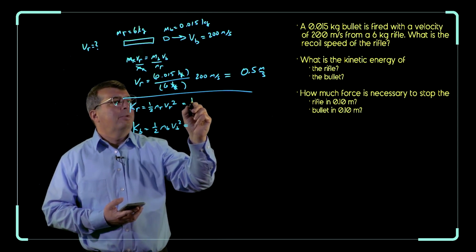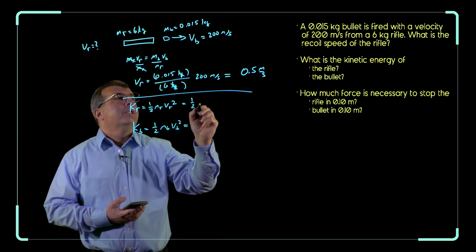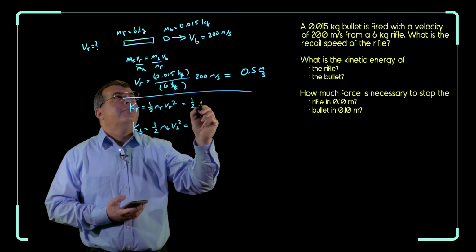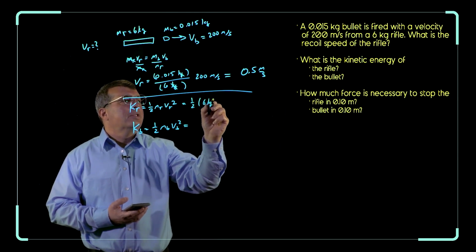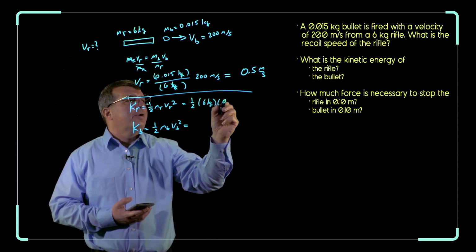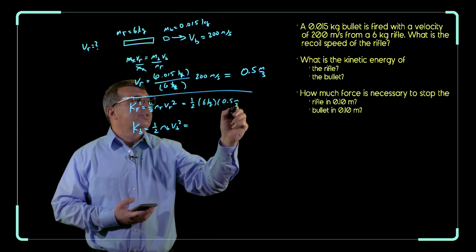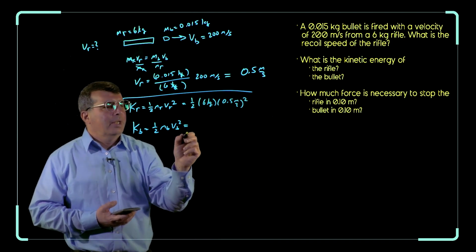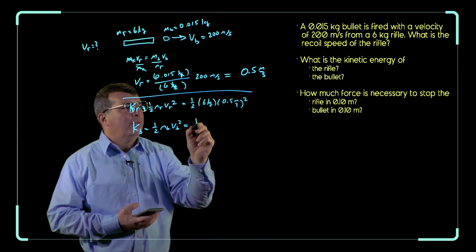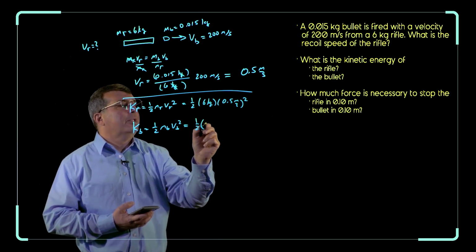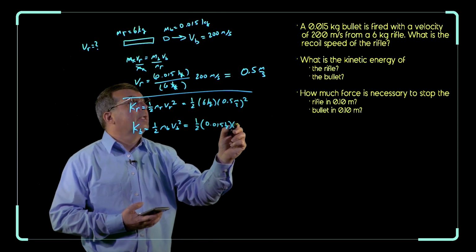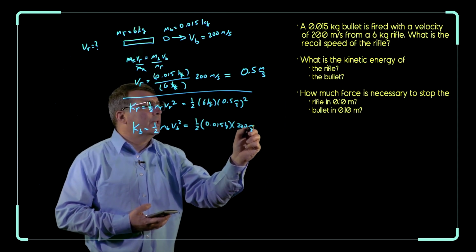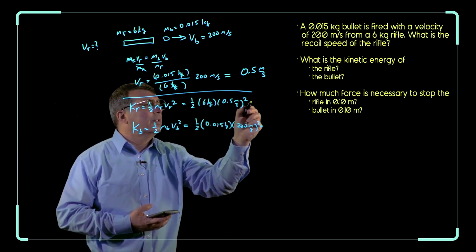So that would be 1/2 times the mass of the rifle, which is 6 kilograms, times the speed of the rifle, 0.5 meters per second squared. And the kinetic energy of the bullet would be 1/2 mass of the bullet, 0.015 kilograms, times 200 meters per second squared.